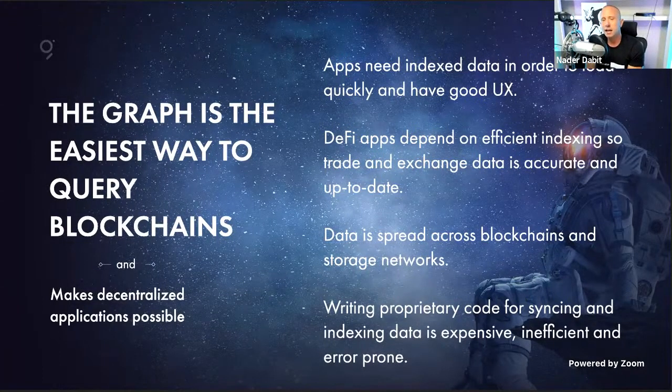Now you can hit a chain like Ethereum and query a smart contract at a certain point in time, usually for a single piece of data or maybe an array of data at that point in time from that transaction or from the current state.